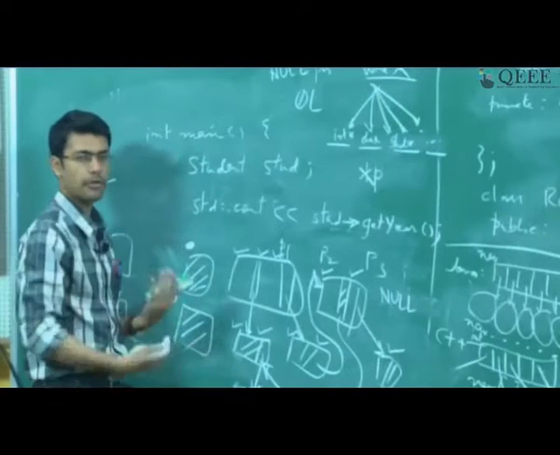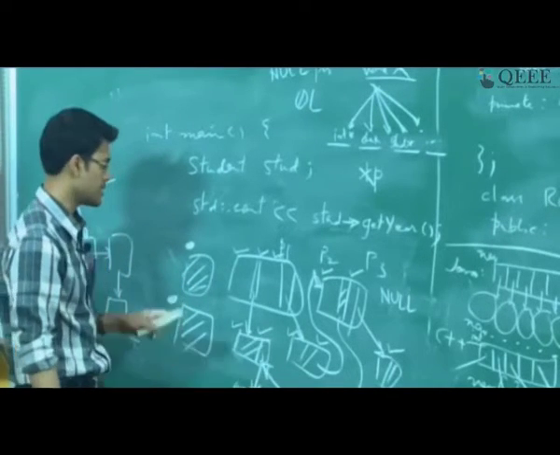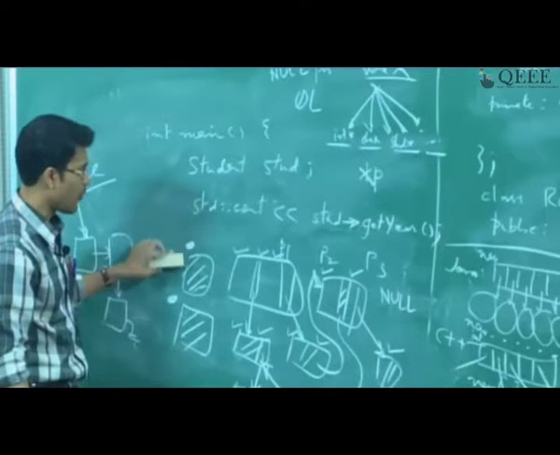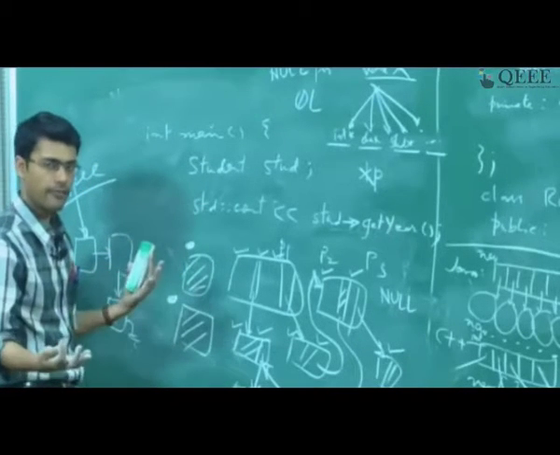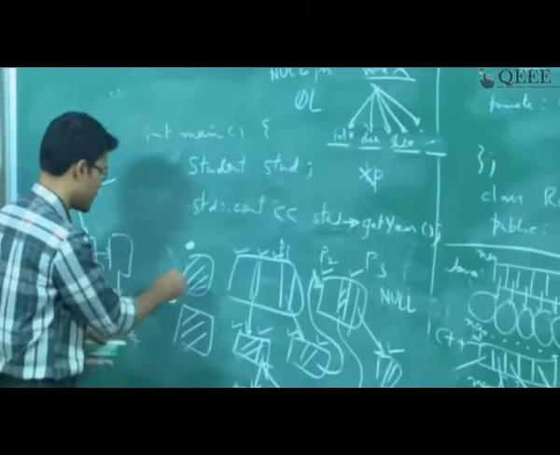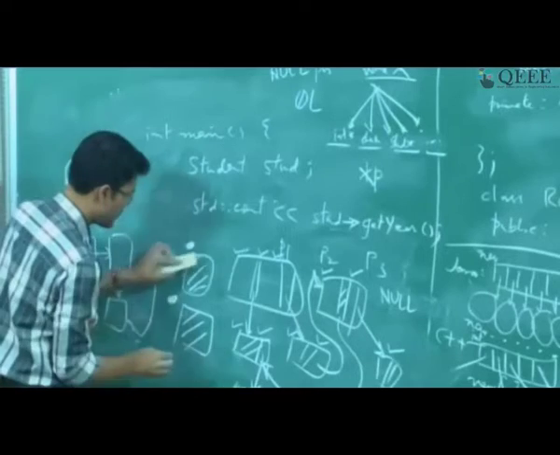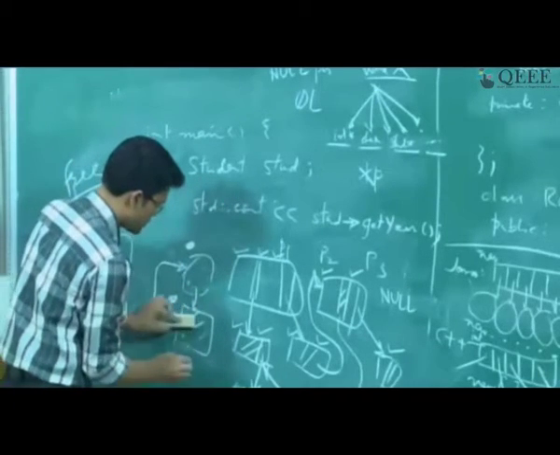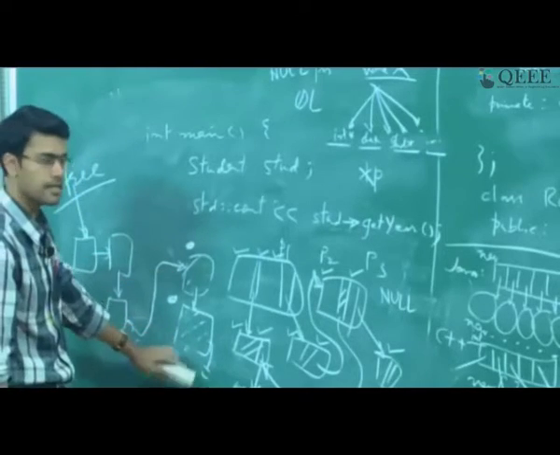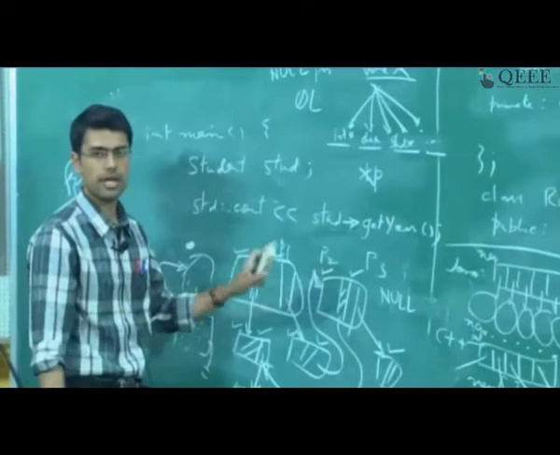Garbage collection tracks these out, and since there are no pointers coming here, you cannot refer to them via your program variables. Therefore this gets added to the free list, so now your free area is increased and this becomes your allocated area.